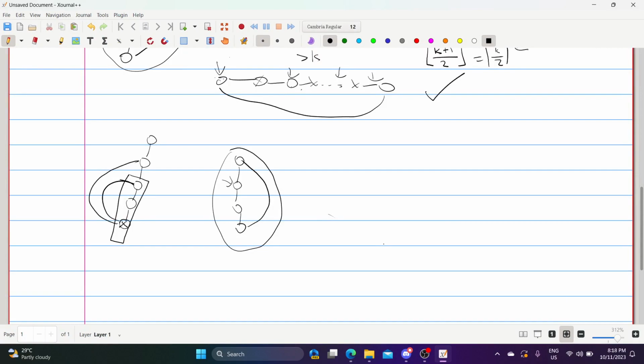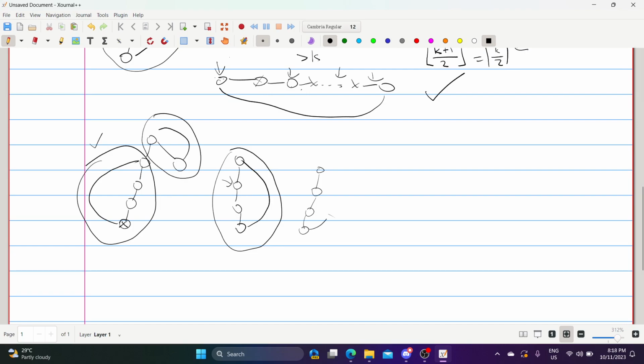Actually, it doesn't even need to be the smallest possible cycle. Even if there's a smaller cycle here, finding this cycle is also enough, as long as we can find a cycle such that there are no edges in between the other vertices, then we are good.